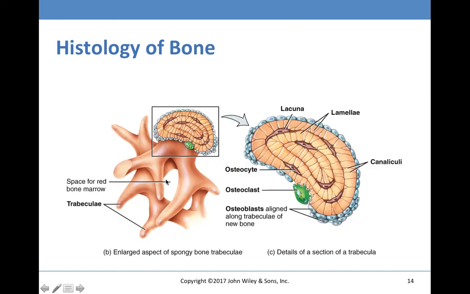And this spongy or cancellous bone doesn't have osteons. Instead, it contains what we call trabeculae.